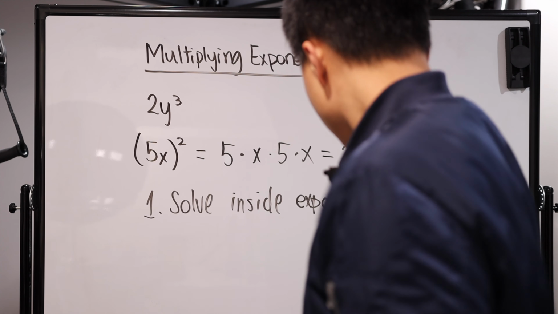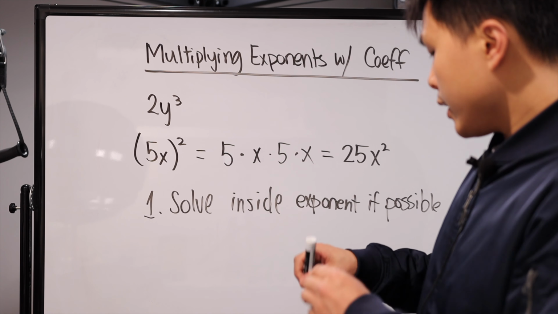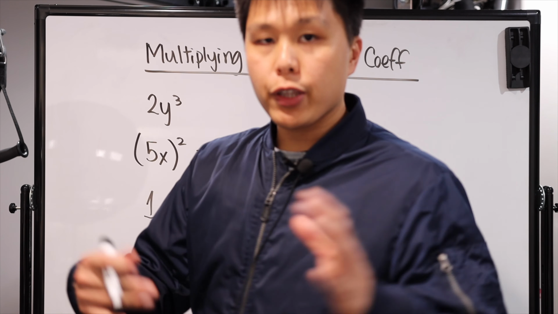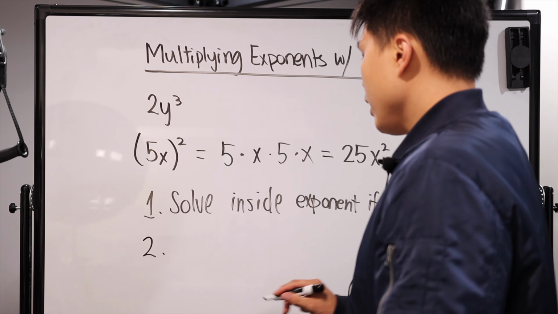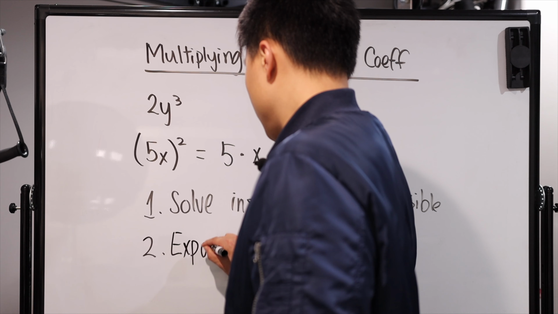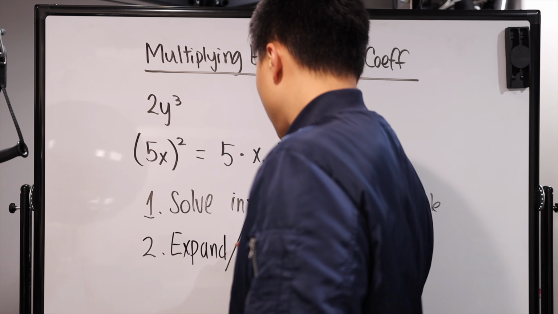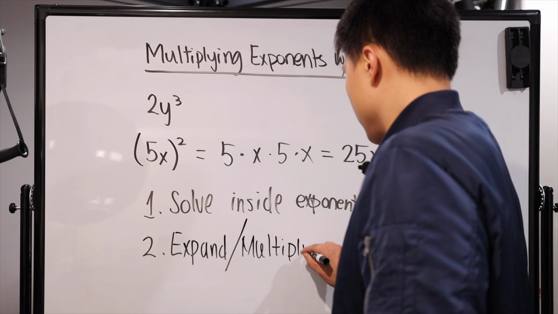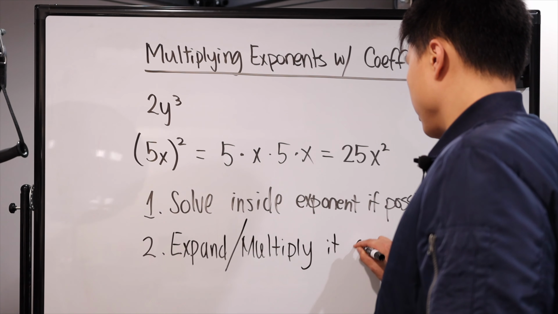Let's use a different marker. The second step, after you simplify everything inside the exponent, is to expand and multiply it all out.